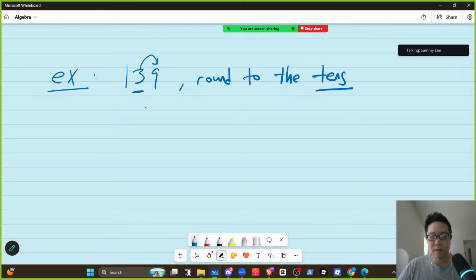Up. We're going to round that number up by 1. So the 3 gets turned into a 4, and then all the numbers to the right of that number become 0. That's why it's 140.